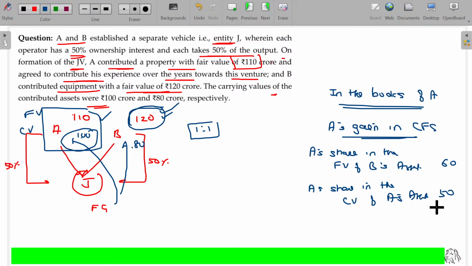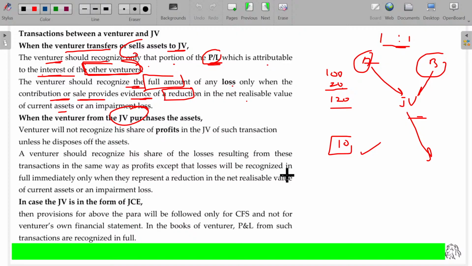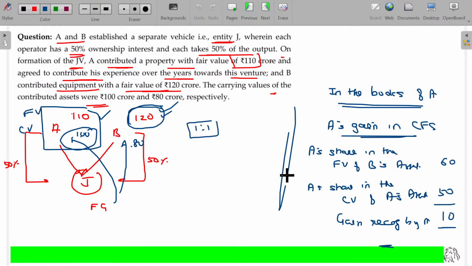So the difference between these two is the gain recognized by A, it should be named as A's gain in the books of CFS. Gain recognized by A. You have to understand this one. You can have this format directly. Yes, make a note of it.